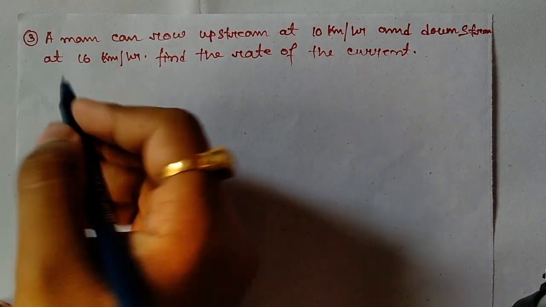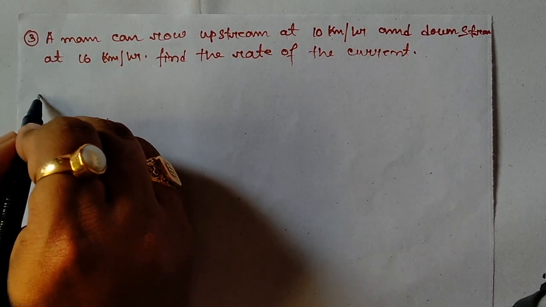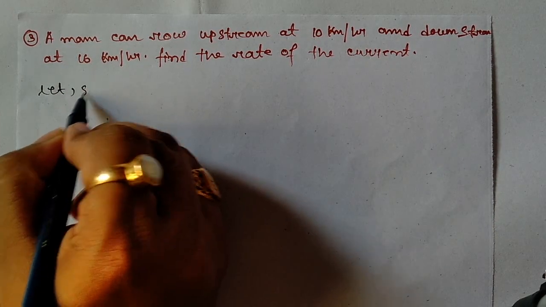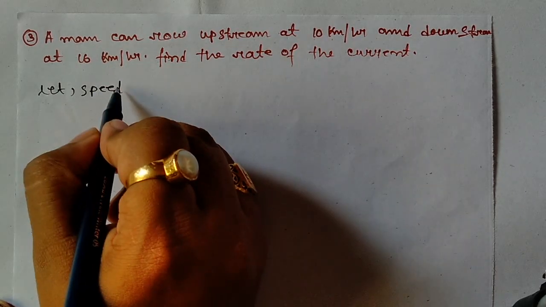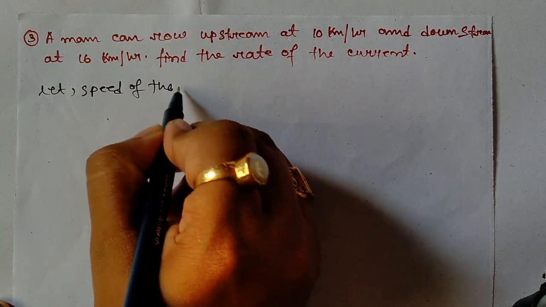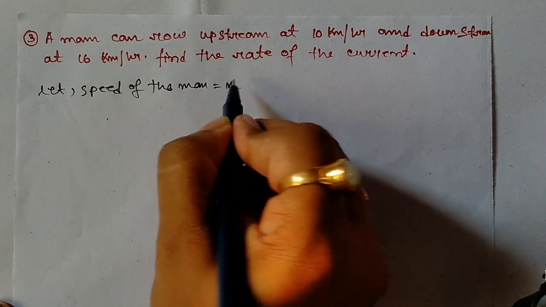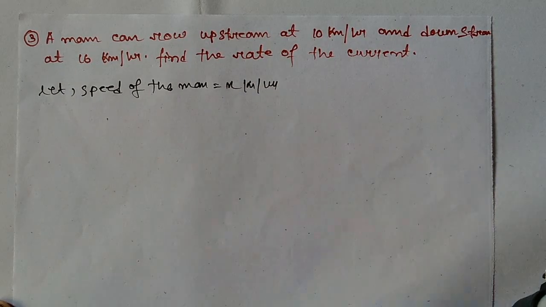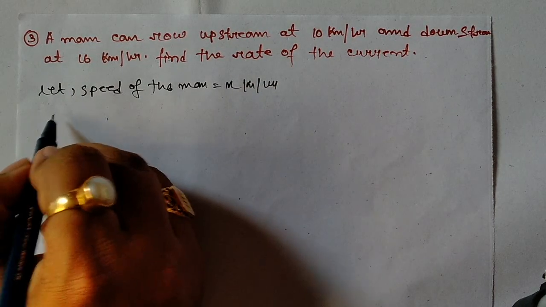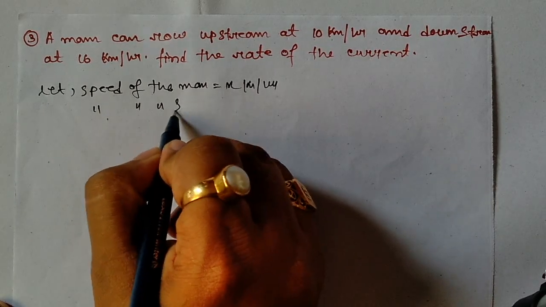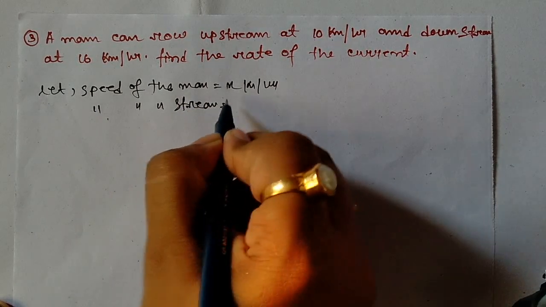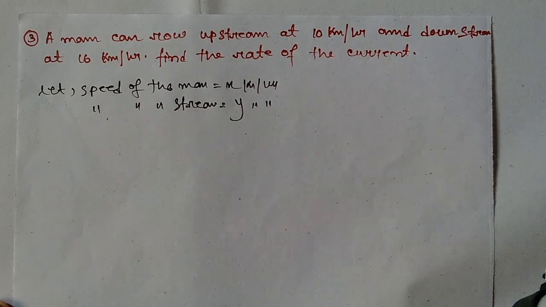Okay, so first is the detailed method. Let the speed of the man be x kilometer per hour, and the speed of the stream be y kilometer per hour.